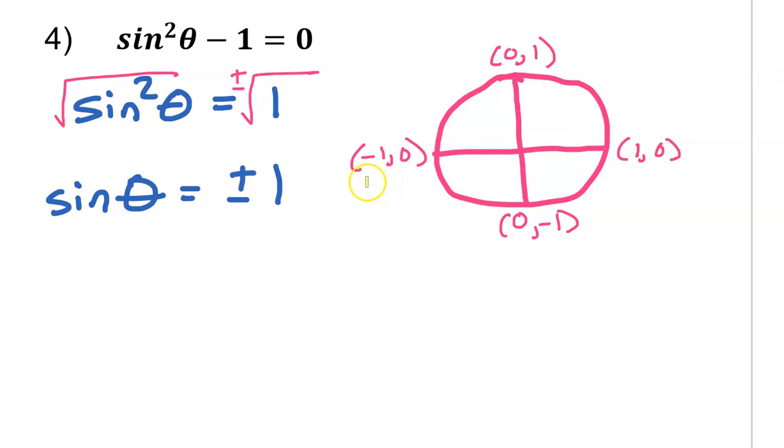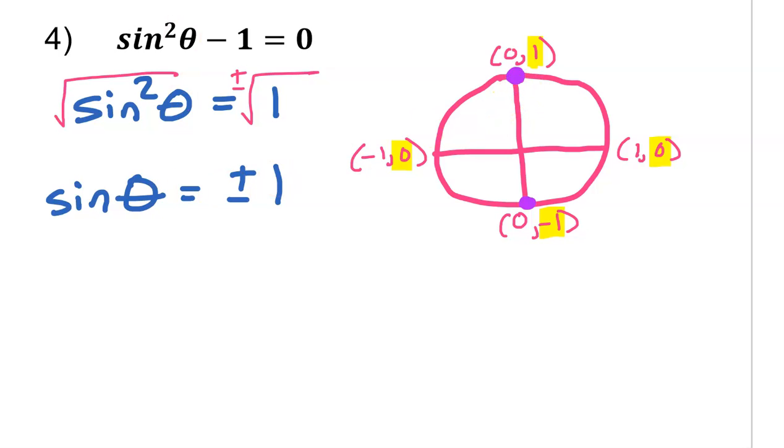Sine is the y value. So we should be looking at the 0 and the 1 and the 0 and the negative 1. So we want the sine to be positive 1 or negative 1. So the two places where that happens is here and here. All right? The y value, the sine value, is 1 here, and it's negative 1 here.